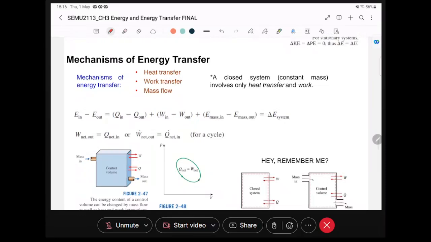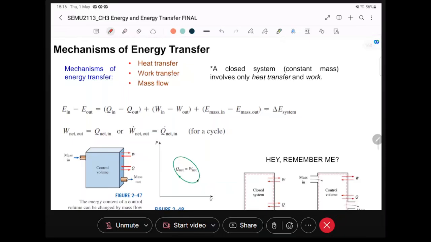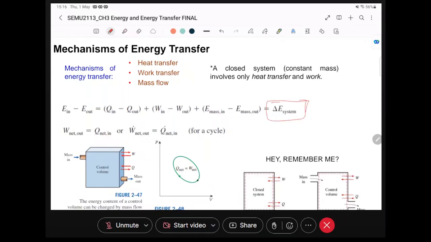So a more relevant equation to us, following the same definition, is that the change in the energy in the system, which is E in minus E out, equals this.